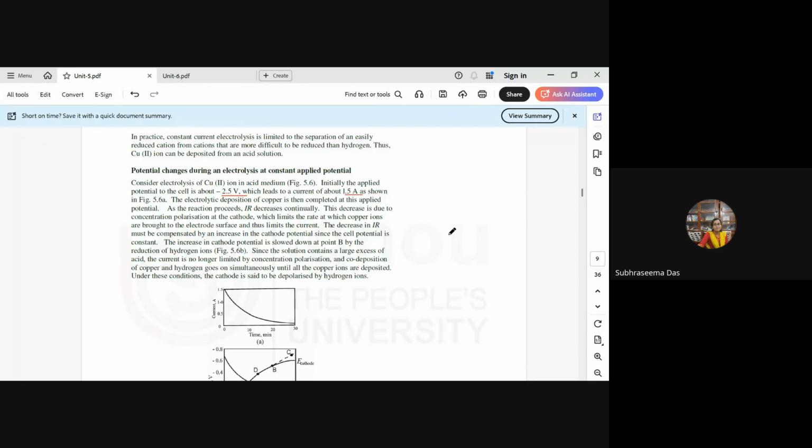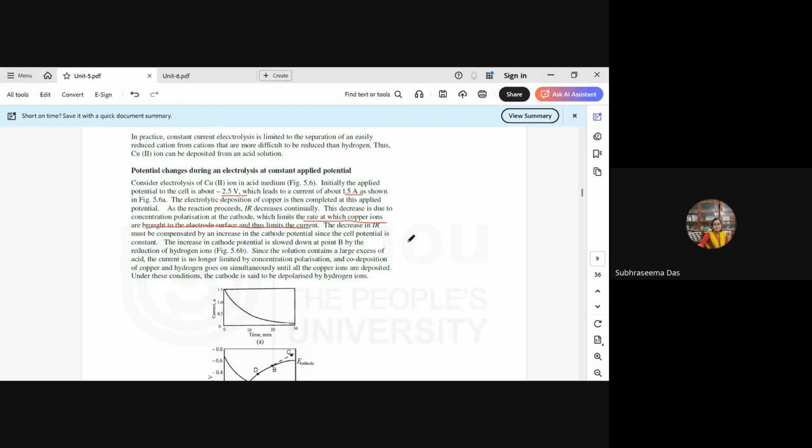As the reaction proceeds, the IR decreases continually. This decrease occurs because of the concentration polarization at the cathode, which limits the rate at which copper ions are brought to the electrode surface, and thus the current is limited. The decrease in IR must be compensated by an increase in the cathode potential since the cell potential is constant.